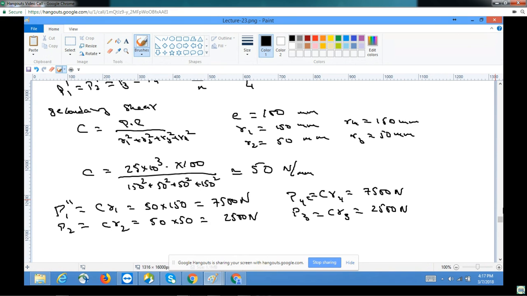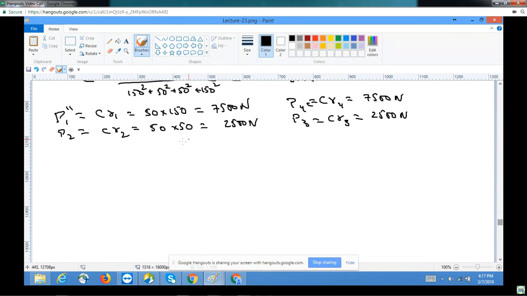So the resultant P1 is the square root of P1 dash square plus P1 double dash square.